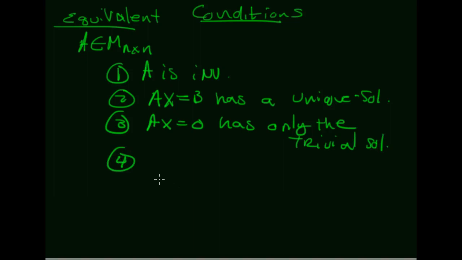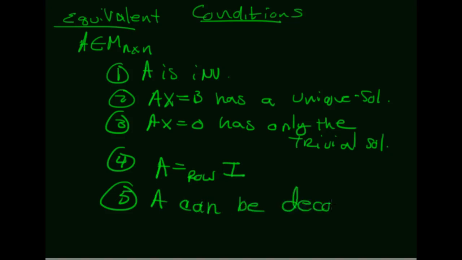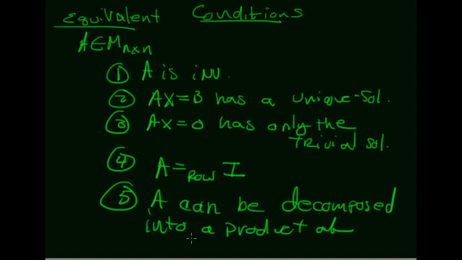Number 4, A has to be row equivalent to the identity. So you have to be able to get A by multiplying a bunch of elementary matrices times the identity. And last, A can be decomposed into a product of elementary matrices.